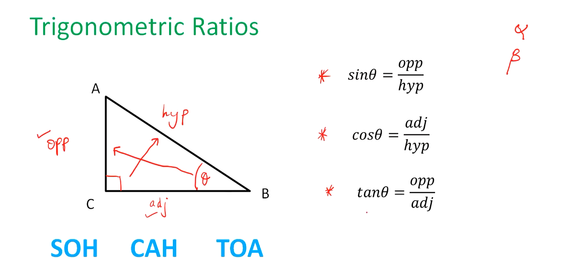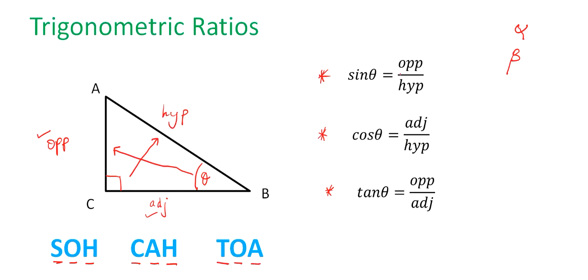Right? And what you have to make sure you have in your head is some way of remembering these trigonometric ratios. So this is one that I had learned a long time ago, which is SOH CAH TOA. Sine is opposite over hypotenuse, cosine is adjacent over hypotenuse, and tan is opposite over adjacent.